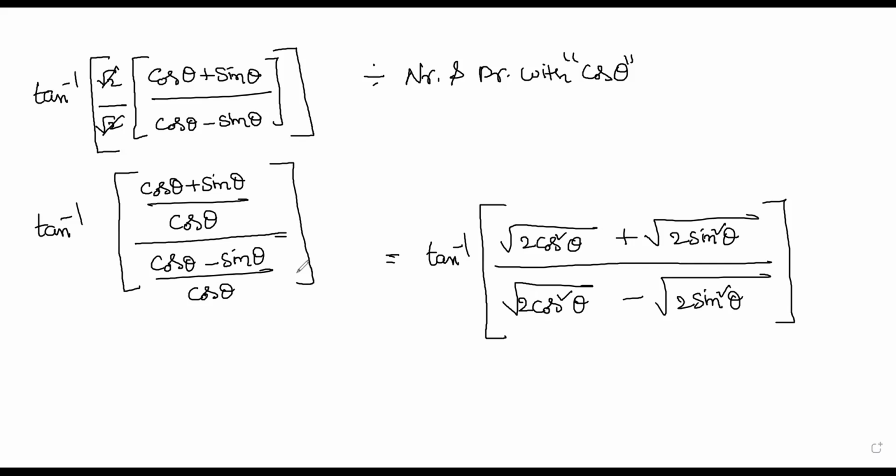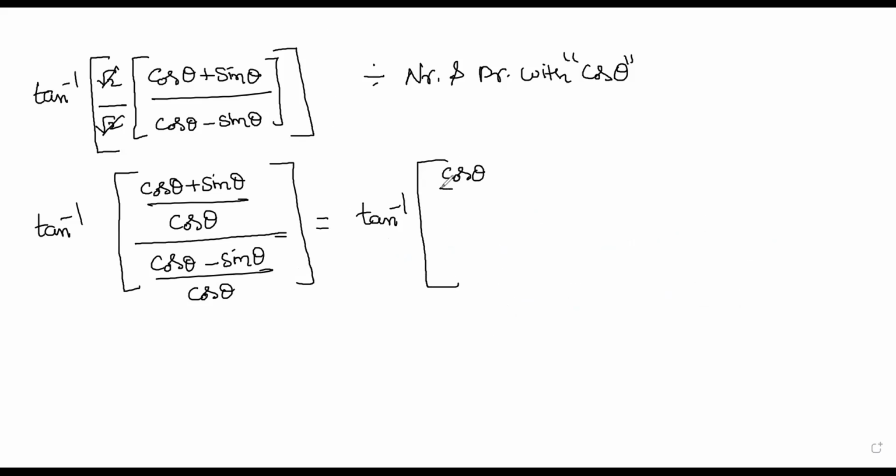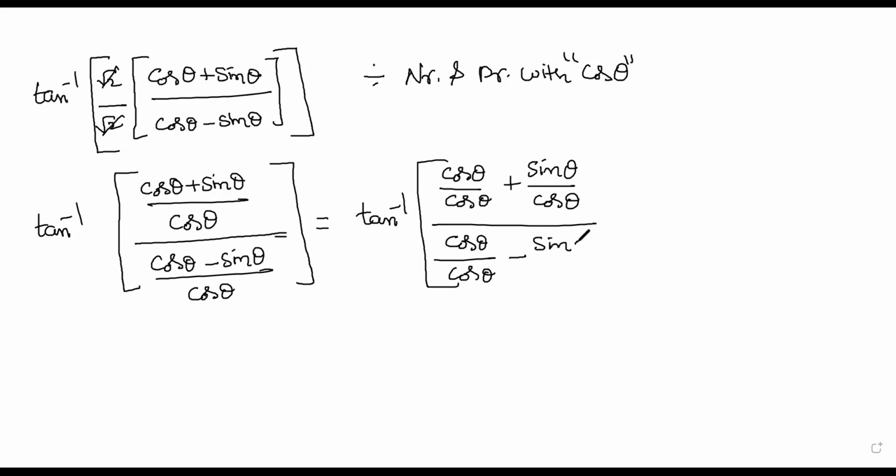Now you can split the numerator. So when you split the numerators, this becomes tan inverse of cos theta by cos theta plus sin theta by cos theta, whole divided by cos theta by cos theta minus sin theta by cos theta.